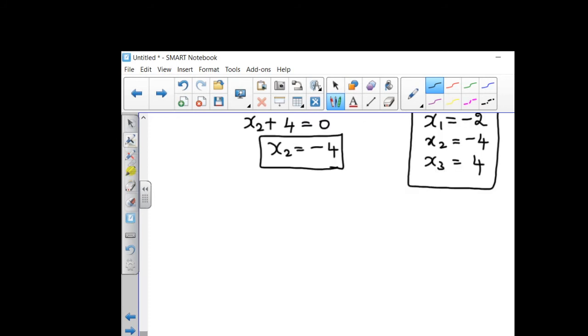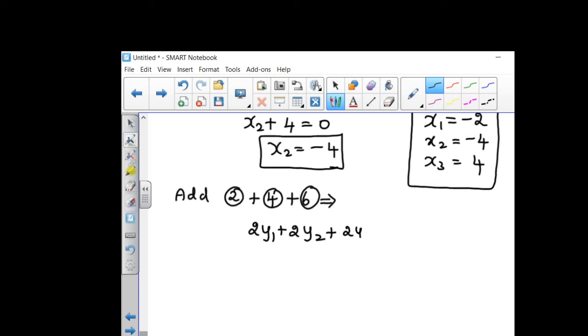Okay, so what are the y equations? Add equation number 2 plus 4 plus 6. Okay, so what do you get? The same as 2y1 plus 2y2 plus 2y3 is equal to the right hand side values 12 plus 14 plus 18.